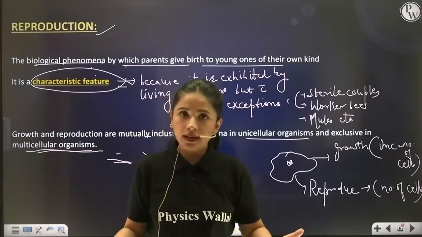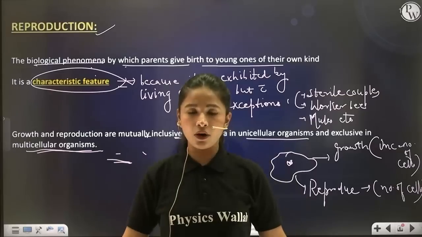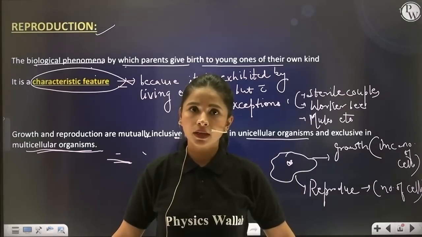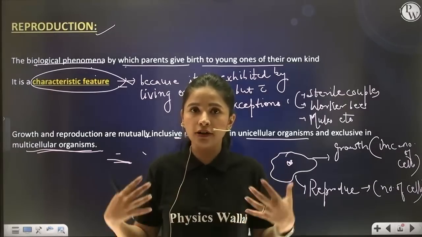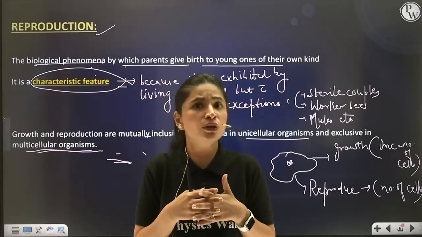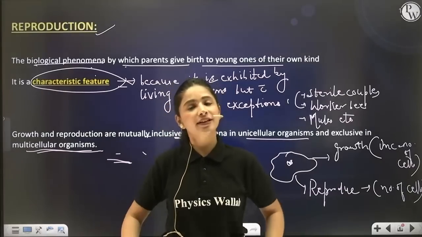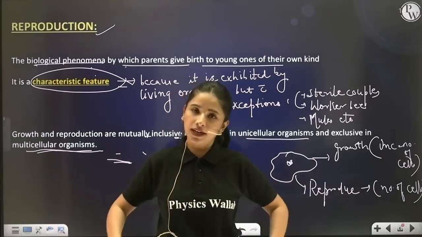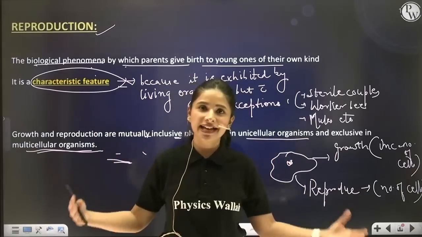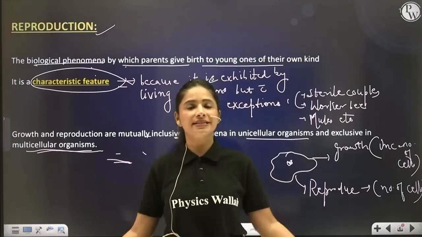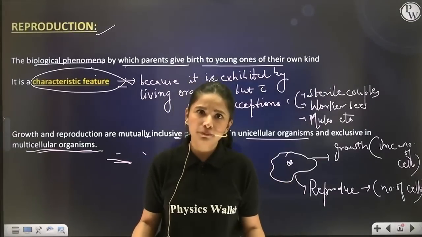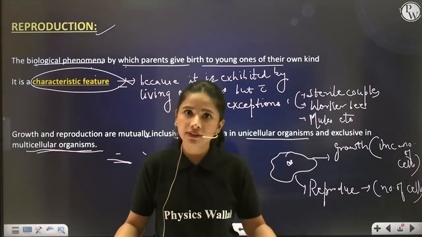Now on the other hand, if I talk about a multi-celled organism like me, will you say that in my body growth and reproduction are one phenomena? No. Till this age, I am only showing growth. My body has increased, my number of cells has increased, my volume, my size has increased. But have I reproduced? No. Am I having kids?